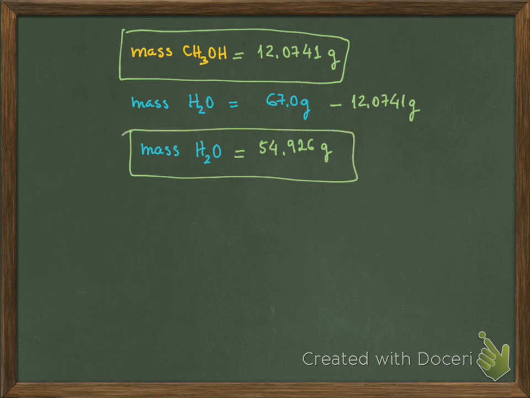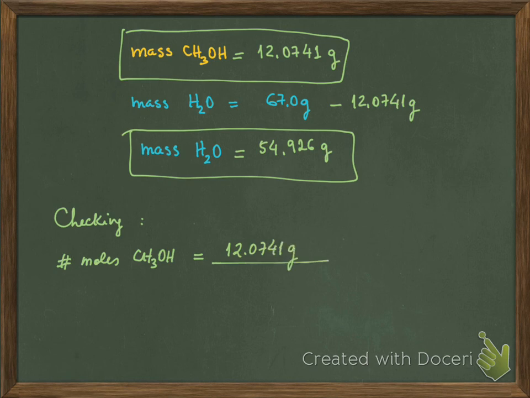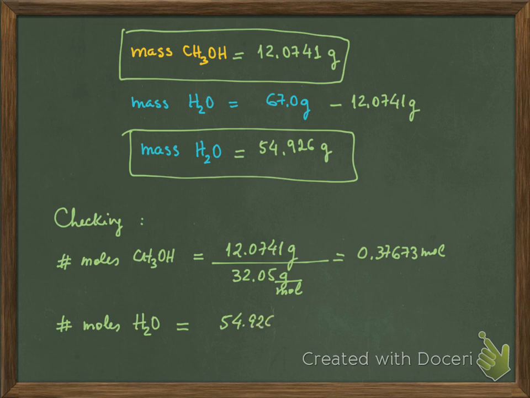Now, these results for mass of methanol and mass of water can be validated. In other words, we can check if these results are correct. We can check by finding the number of moles of methanol, which is the mass of methanol that we calculated over the molar mass of methanol. We can find the same thing for water. The number of moles of water is the mass of water over the molar mass of water.